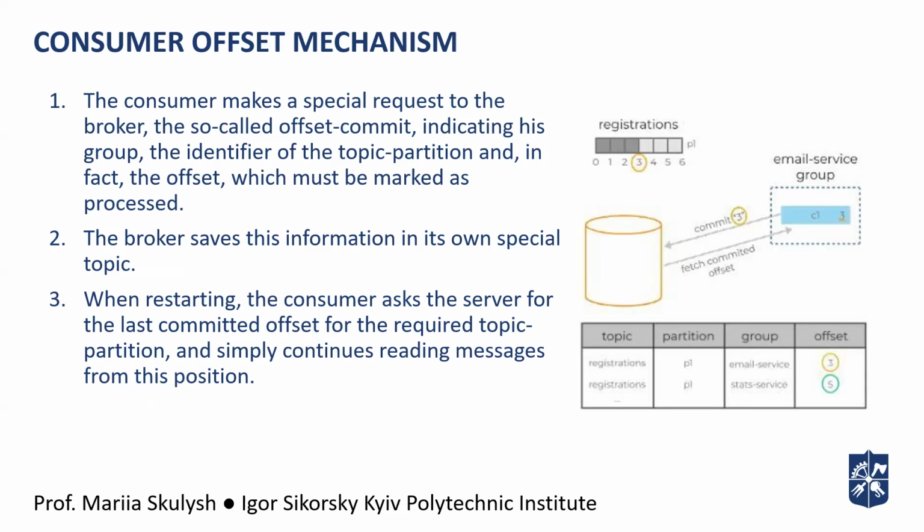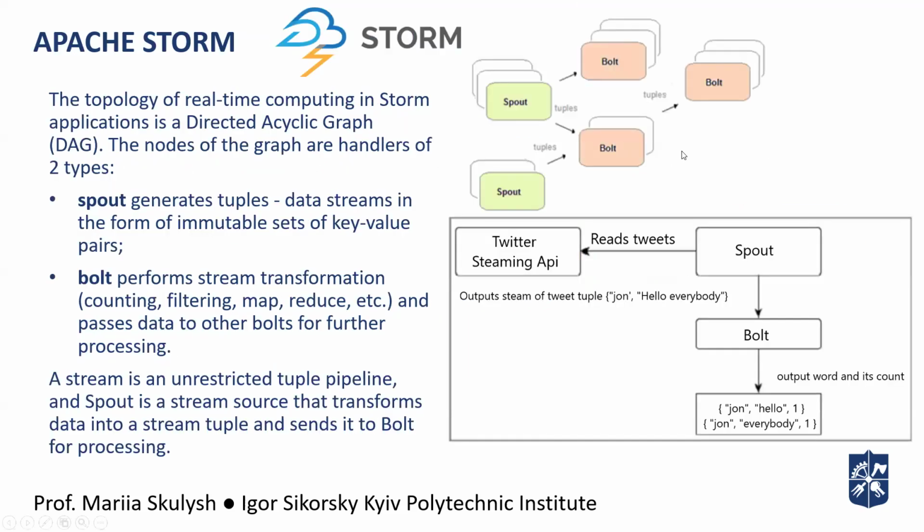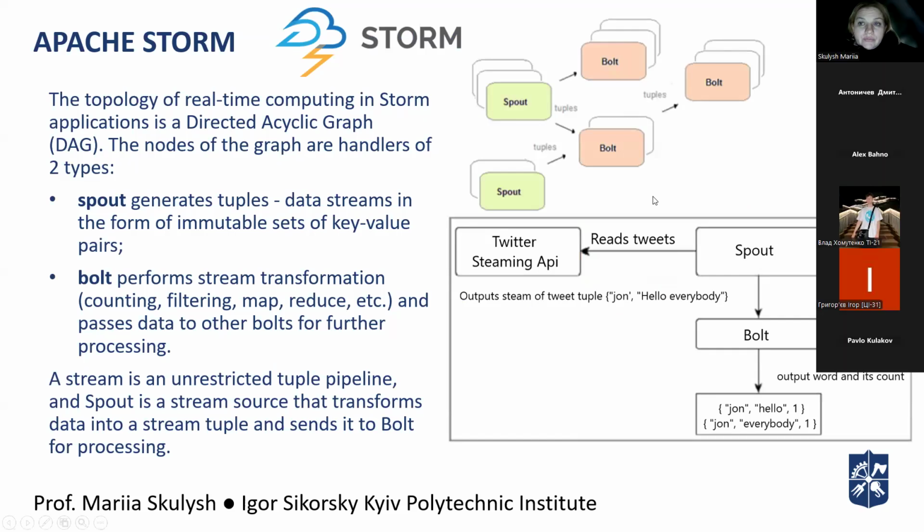But the main principles, main ideas of this system, I want to explain for a better understanding of where it is used, where you can use it, and how it works. Therefore, these are just the main mechanisms of the elements. So next, do you have questions about Kafka? No? Fine. If you don't have, let's go to Apache Storm.